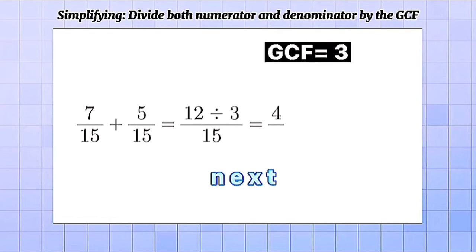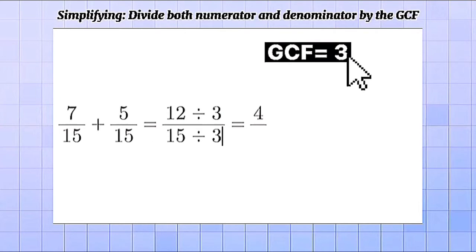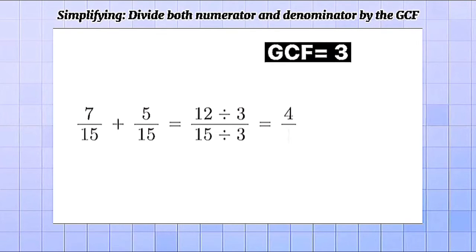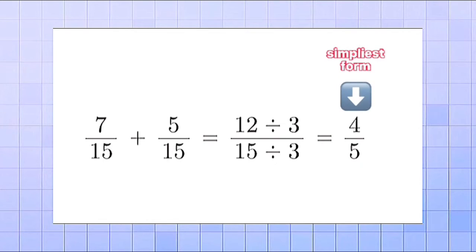The next step is the same as the first step. However, we divide the denominator 15 by our GCF 3 as well. 15 divided by 3, the answer is 5. And we put it right on our denominator. That means the simplest form of 12 over 15 is simply 4 over 5, or 4/5.